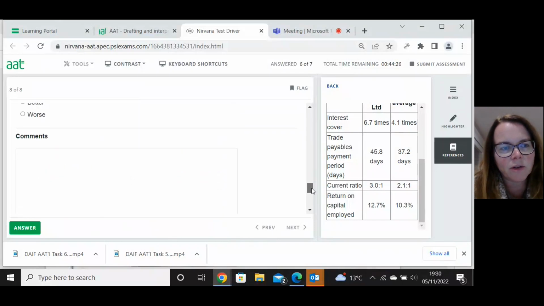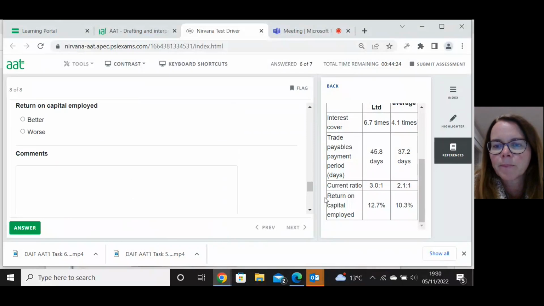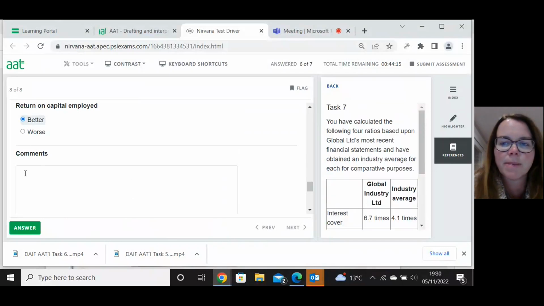Then last one, return on capital employed. So that's definitely better than the industry average. So 12.7 compared to 10.3. So that is better. We tick better for everyone. Right. So return on capital employed.